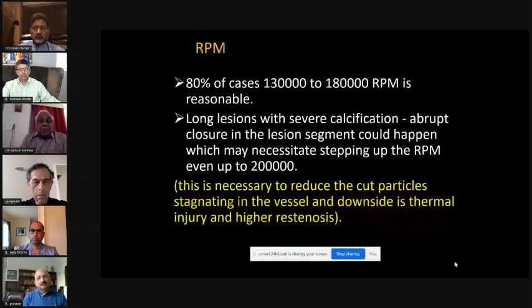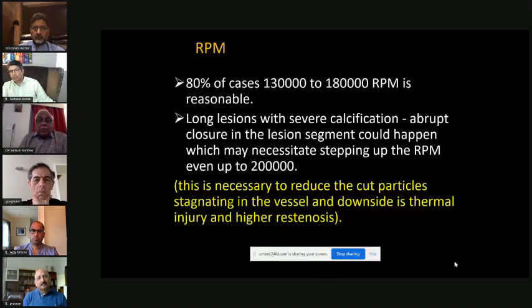Coming to the issue of the RPM, the current recommendation, as all of you know, is 130,000 to 180,000 RPM. But at various times, we may have to change this recommendation. There are several situations when we are not able to cut through long lesions.